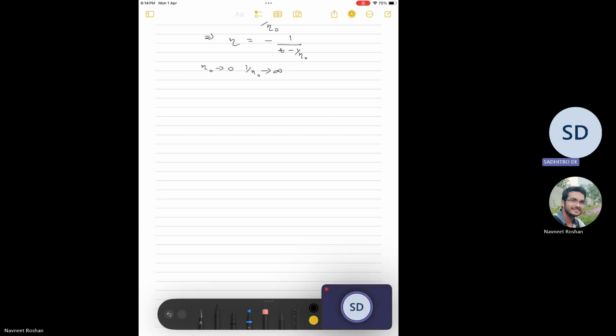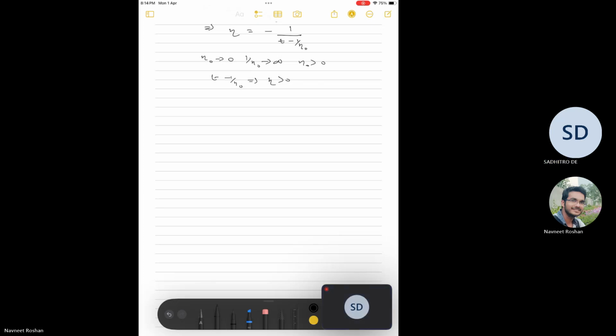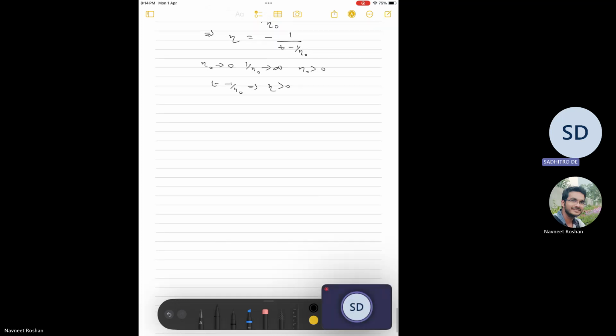Therefore, if eta 0 is greater than 0, that means it goes to 0 from the right hand side, then t minus 1 by eta 0 is again a negative quantity, which means that eta turns out to be positive. That means the solutions will grow from the right. If eta 0 was negative, the other thing will happen, and in that case, if eta 0 was less than 0, then you see that eta turns out to be negative as a function of time.